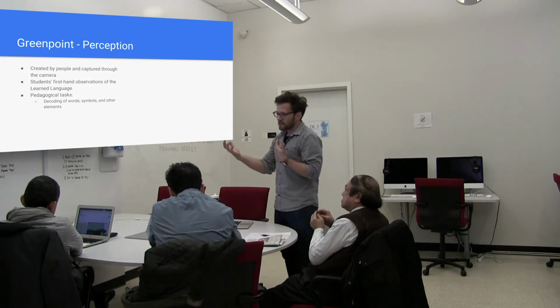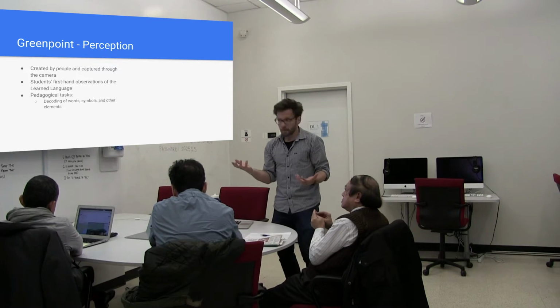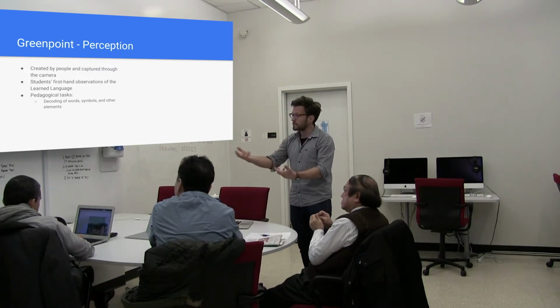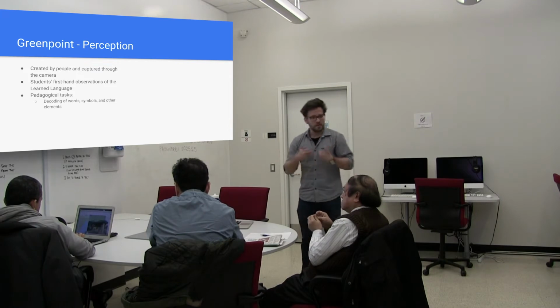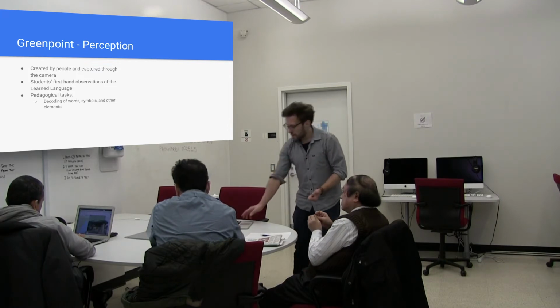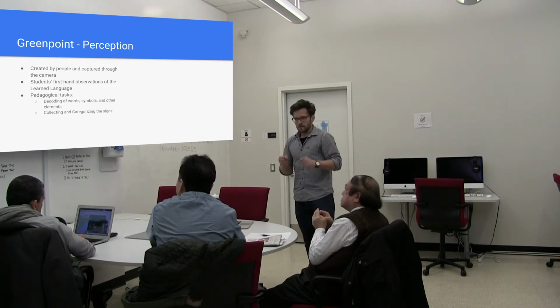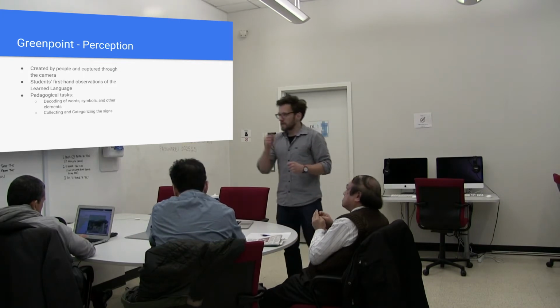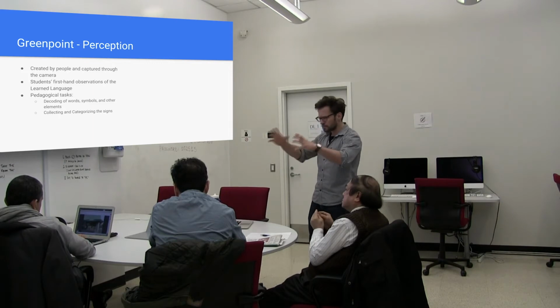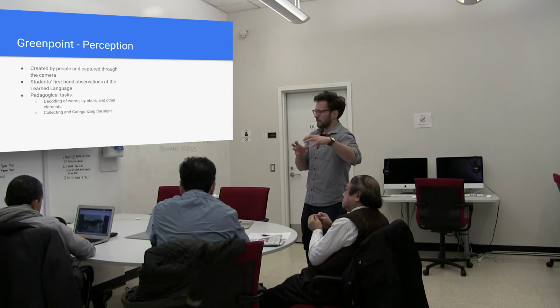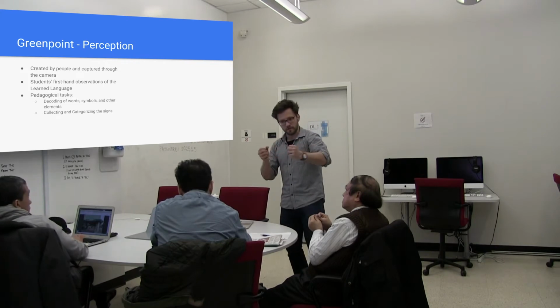So some of the things that we all agreed on, that our students can do with this, is of course, they can decode the words, symbols, other elements, they can translate them, they can also collect and categorize the signs. For instance, we can take, let's say, all the different signs that are advertisements for restaurants, right?